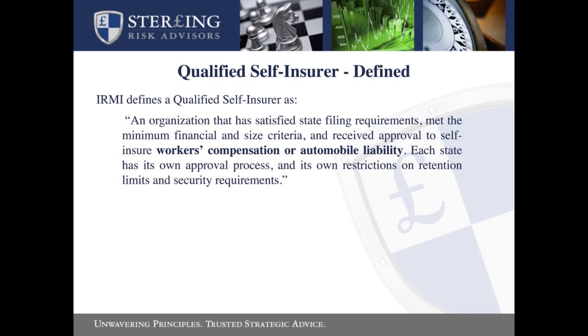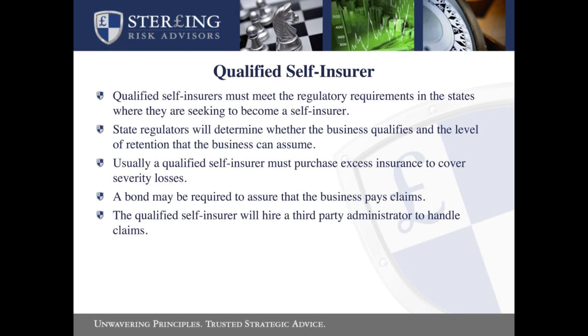And if you're self-insured, and there are 51 states, there are 51 separate requirements depending on what each state requires. But it does apply to workers' compensation and automobile liability. A qualified self-insured meets regulatory requirements. The state regulators determine who qualifies. If they don't think you have the financial wherewithal, they don't approve you.